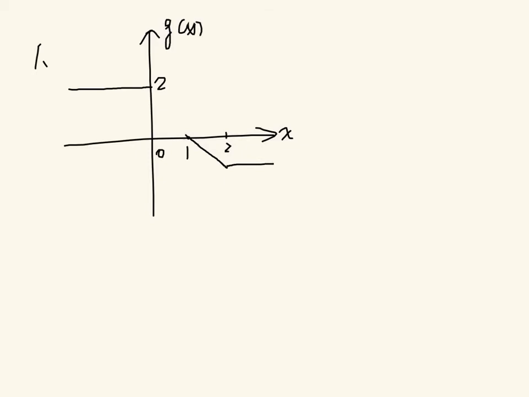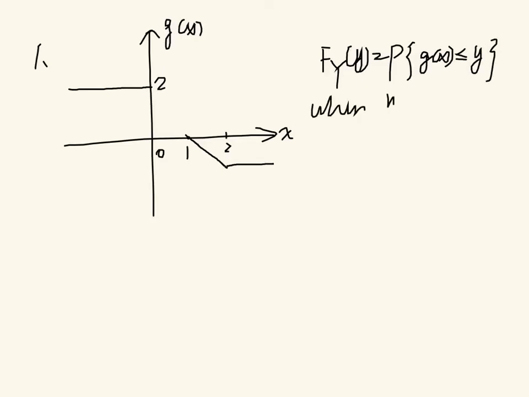So we have F_Y(y) equal to the probability that g(X) is less than or equal to y. When y is less than minus 1, F_Y(y) is equal to 0.